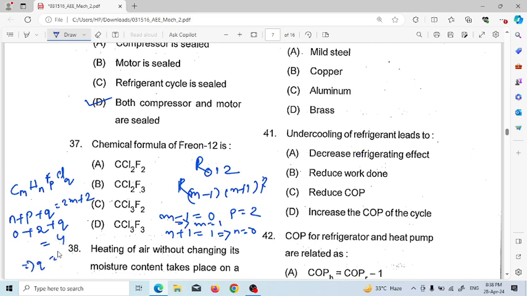So q is equal to 4 minus 2 is equal to 2. So we found all the values. Let's put in the chemical formula. C m value is 1, H n value is 0, F p value is 2, and Cl q value is 2. So CF2Cl2. Then match the carbon, fluorine 2 and chlorine 2. So option A is the correct answer.